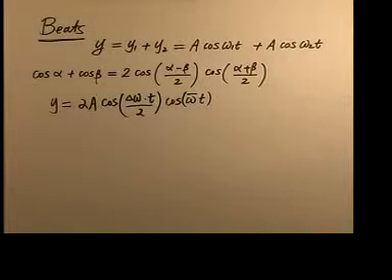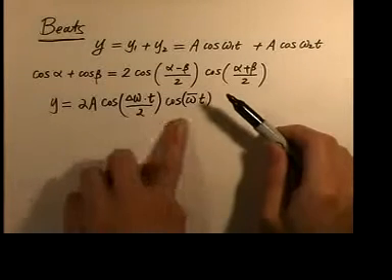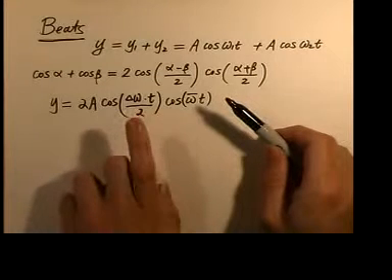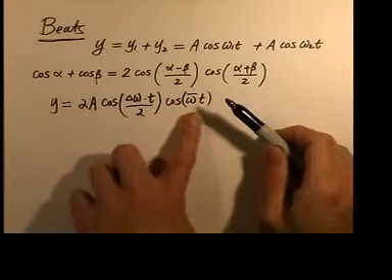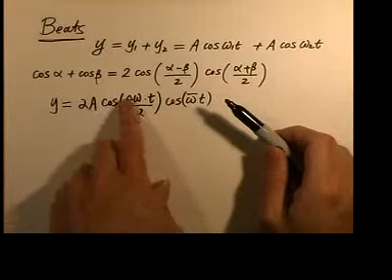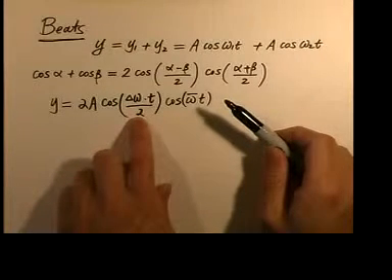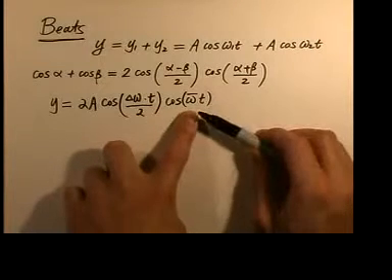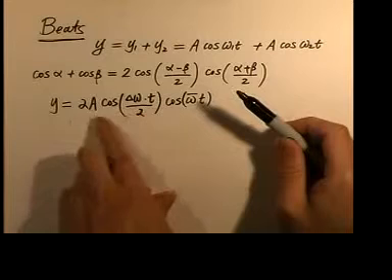So what we have here is the product of two cosine functions. They both vary with time, but they vary at very different rates. This one varies with an angular frequency of delta omega over 2, which is much, much slower than omega bar. So this omega bar varies very quickly, and that one varies a lot slower.